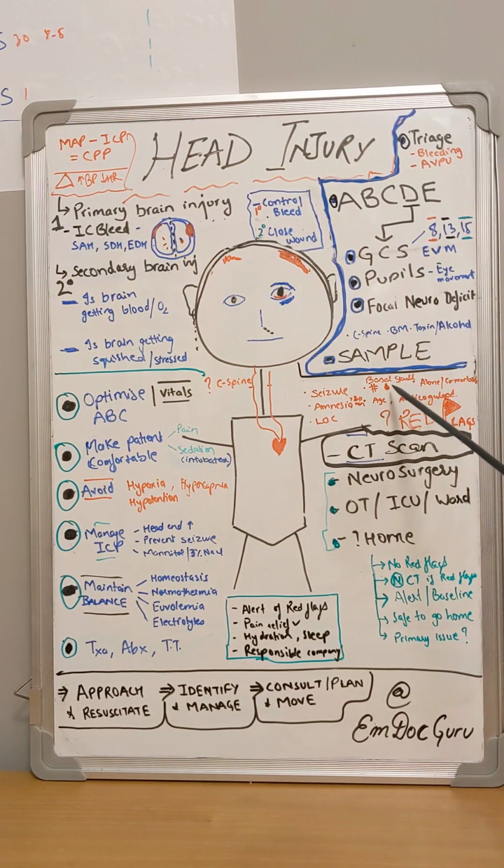If there are any signs of depressed skull fracture, where on the skull you can feel a depression, then these things, and seizure, I've already mentioned. Then you talk about loss of consciousness.